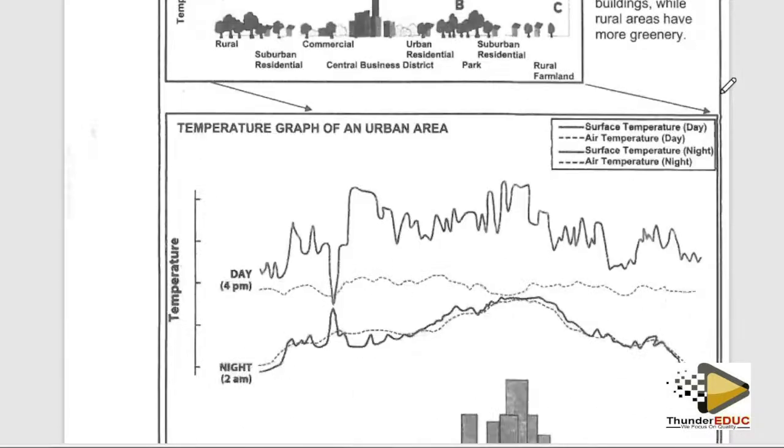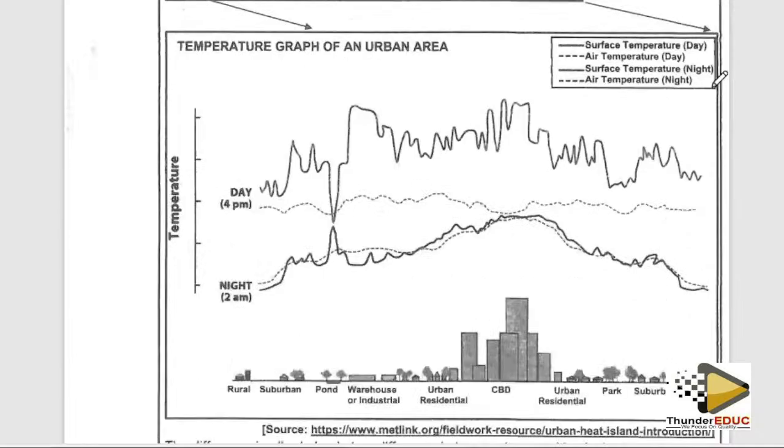Now below is a temperature graph, which shows us surface temperatures during the day, air temperature during the day, surface temperature during the night, and air temperature during the night. Right.